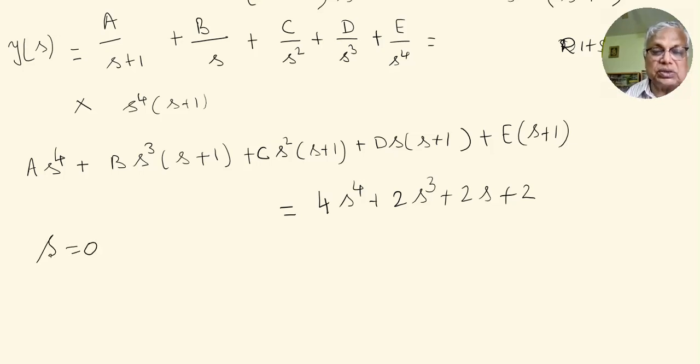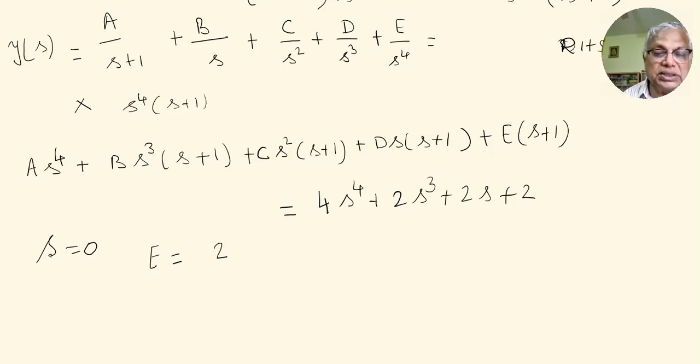This term becomes 0, this term becomes 0, C term becomes 0, D also becomes 0. On the left hand side you get only E into s plus 1, s is 0, so E. On the right hand side, when s becomes 0, it becomes 2. So you get E equal to 2.